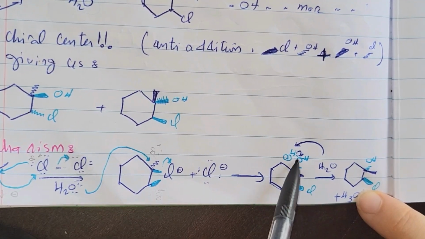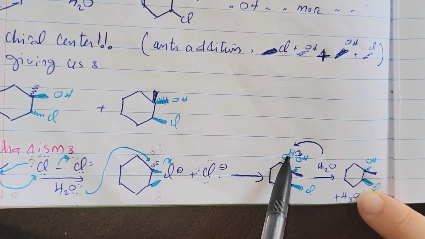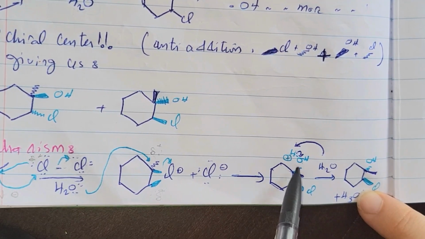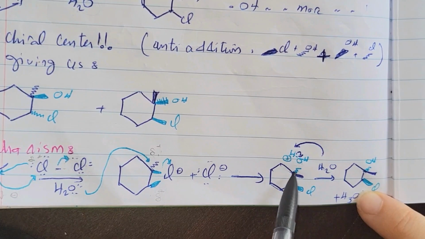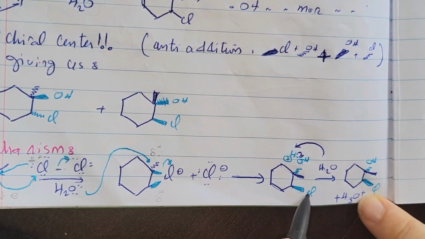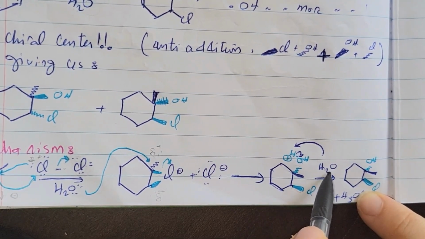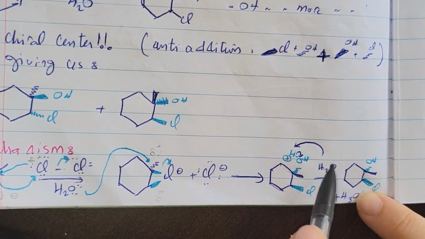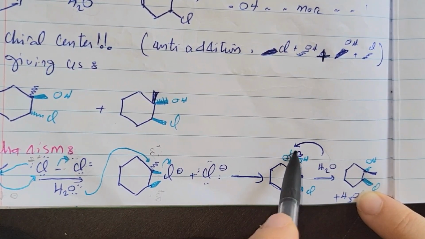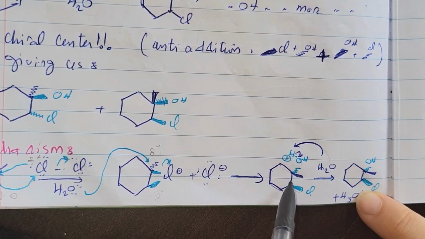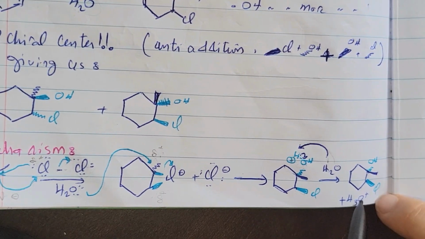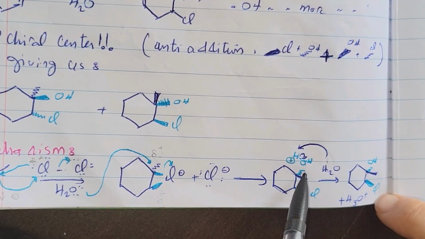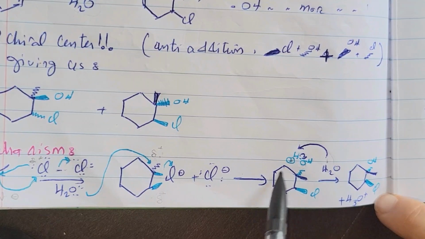Here we have H2O, but it's partially positive because the oxygen is linked to three bonds, so it's partially positive. The other water molecule is going to grab the proton from the H2O linked to this carbon here, making H3O plus, and then we have just an OH here with the methyl group.